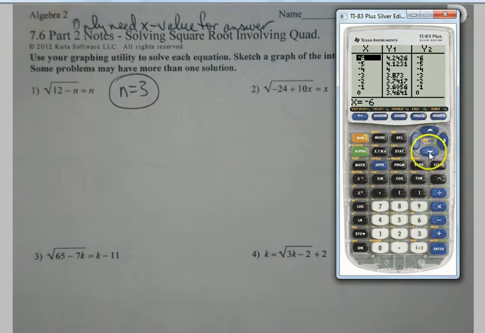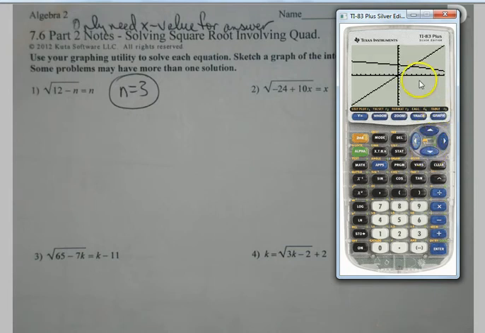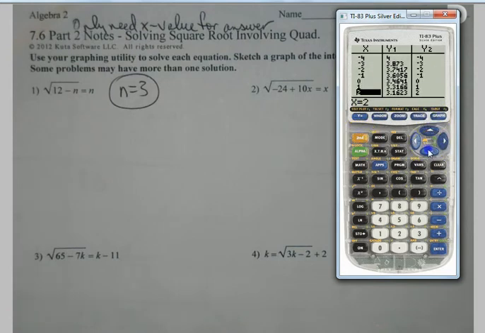You know approximately where that intersection is, because you're looking here and it looks like it's around 3 or 4. Go look at your table. If you find a place in the table where both of your y values are equal, then that x value is your answer. That's another way you can do it with these.